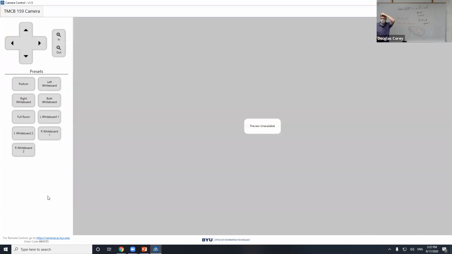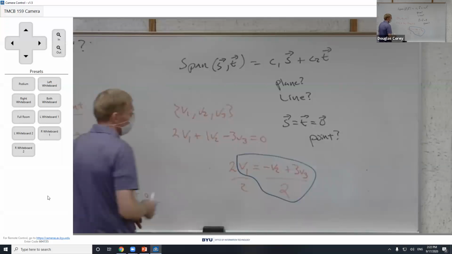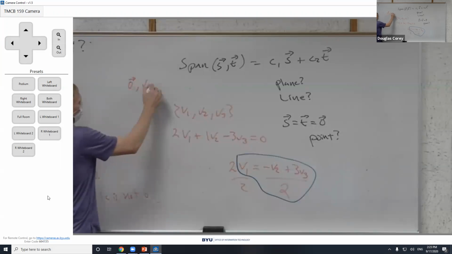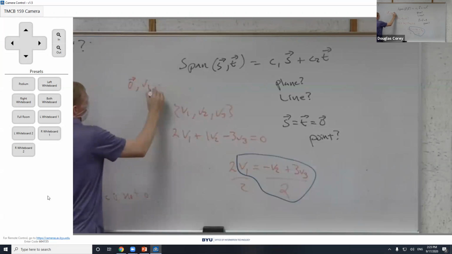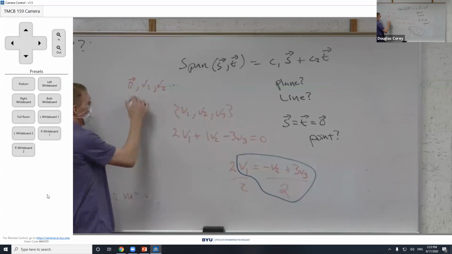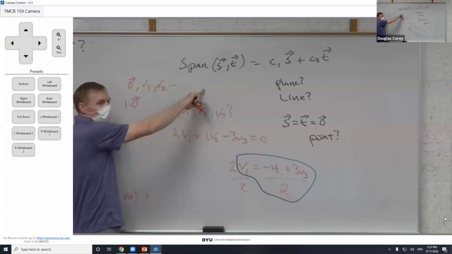Yes? So if the 0 vector is part of your set, does that mean they're always going to be dependent? That is exactly right. This is one of the slides I'll walk through in the next video. If you have a 0 vector as one of your vectors, along with vector 1, vector 2, however many vectors I need, I could always write down this equation and have 1 times the 0 vector plus the other coefficients at 0.